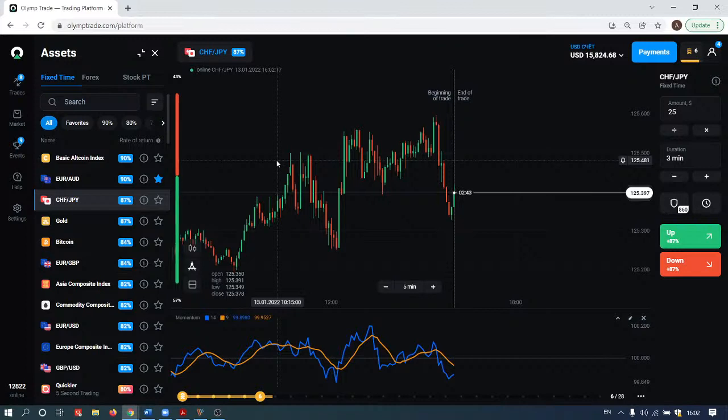It's relatively easy to use, and the underlying signals in this strategy are very, very simple and very easy to comprehend. And yeah, let the show begin.